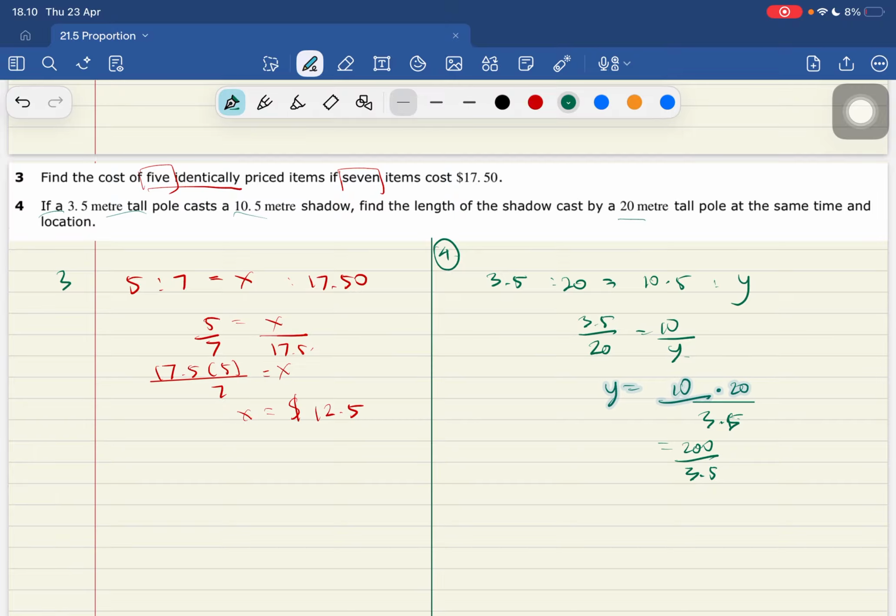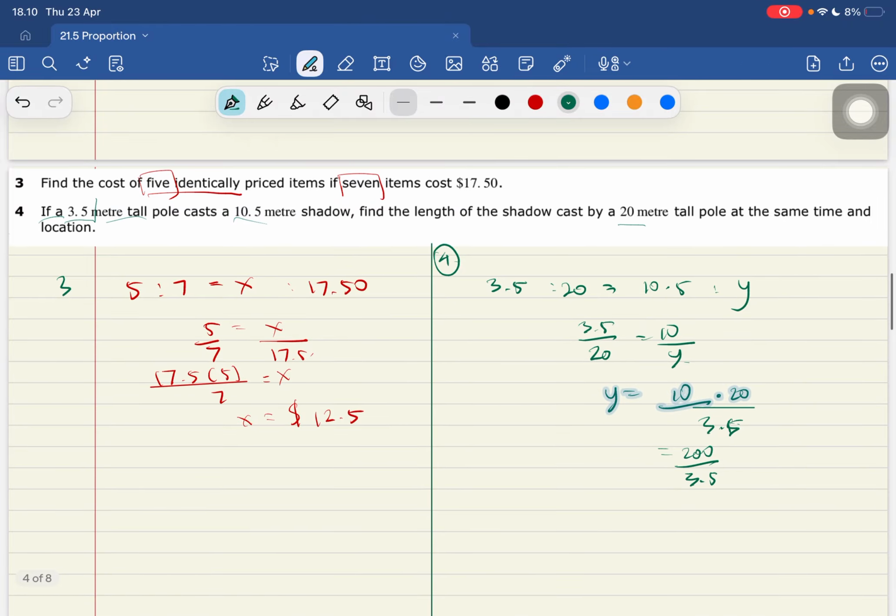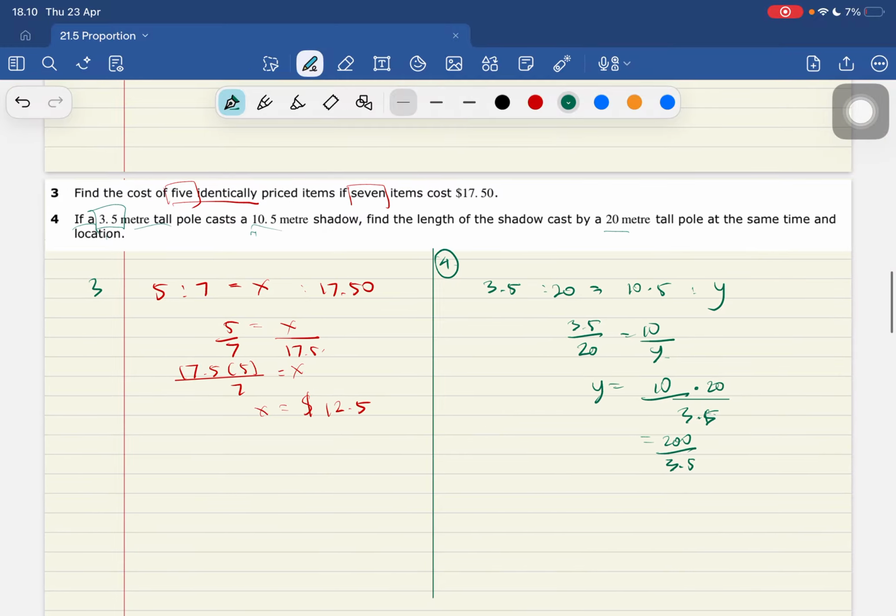Wait a moment, let me double check it again. The 3.5 meter tall pole gives us a shadow of 10.5. Find the length of the shadow of a 20 meter tall pole at the same time and location.